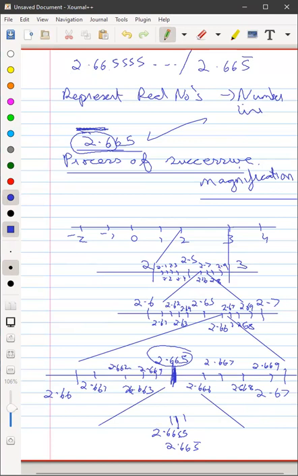Till now we did till 2.665, right? Do one more step with one more 5. And then you can just mark it as recurring like this, because this is never ending. It'll continue for all. So just one more step after this to show that it's recurring, and this is where it is approximately going to lie.